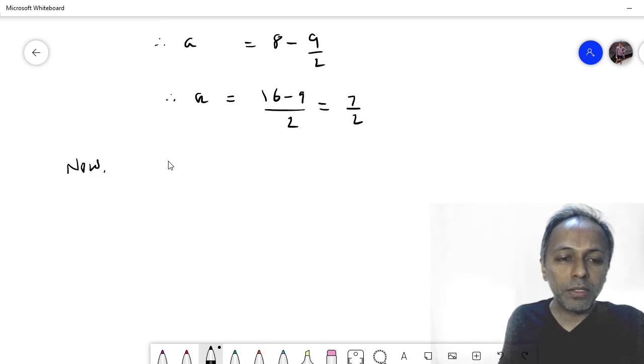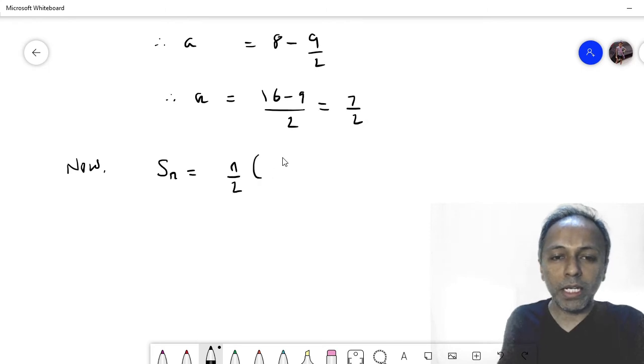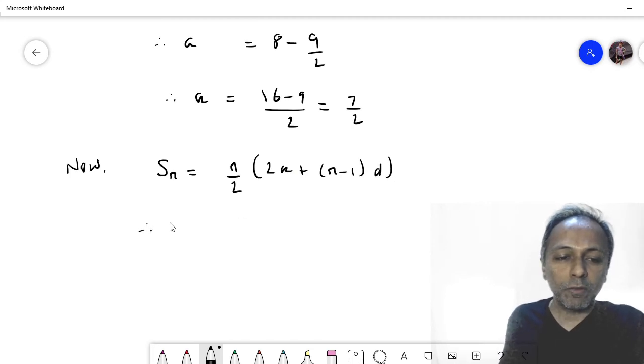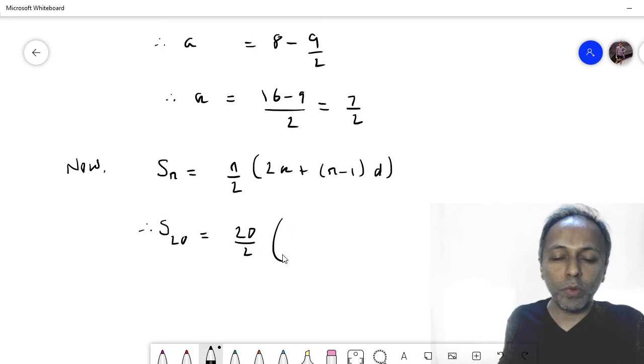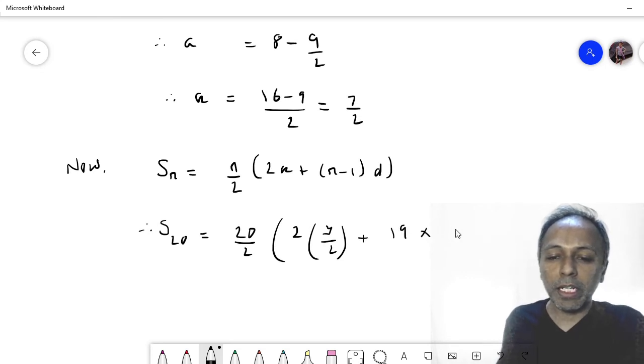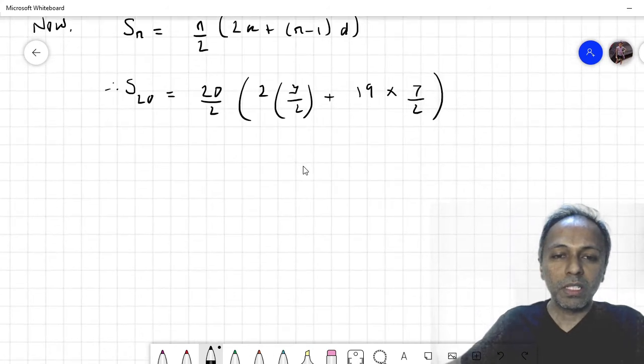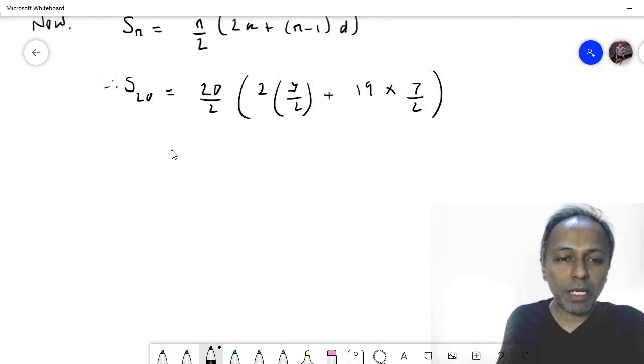So we can now write Sn is equal to n upon 2 bracket 2a plus n minus 1 into d. Therefore S20 will become 20 upon 2 into 2 into 3 upon 2 plus 20 minus 1 will be 19 into common difference is 7 upon 2. This evaluation is manageable.